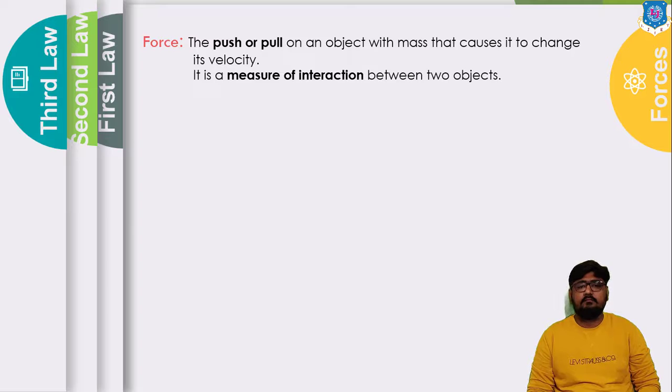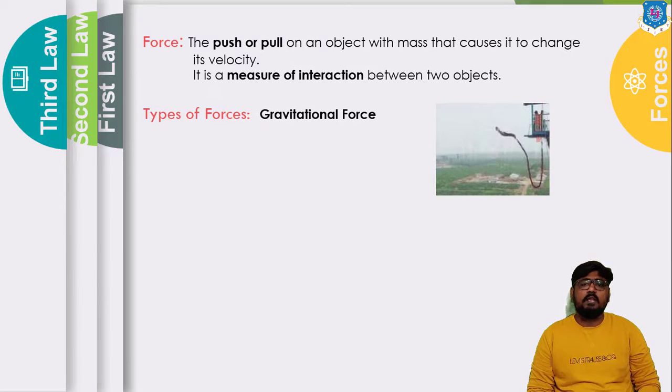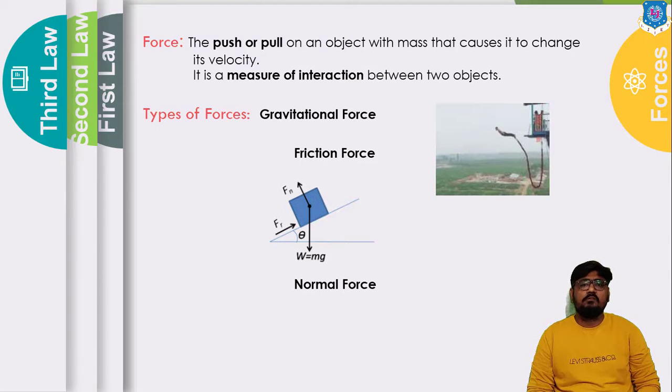There are various types of forces. The first one is gravitational force. The pulling force by the earth is known as gravitational force. Next is the frictional force. When you rub against a surface, friction is offered.